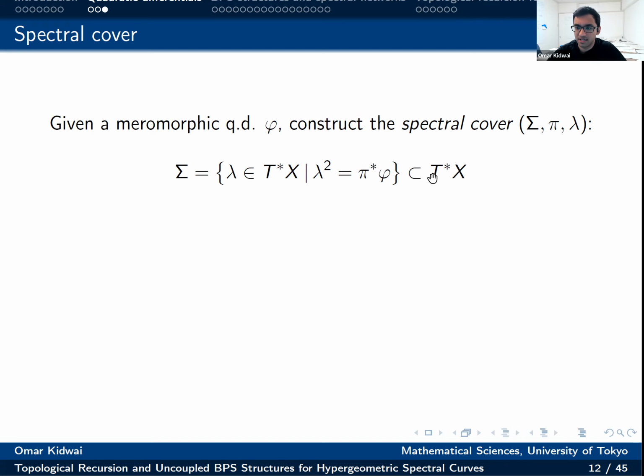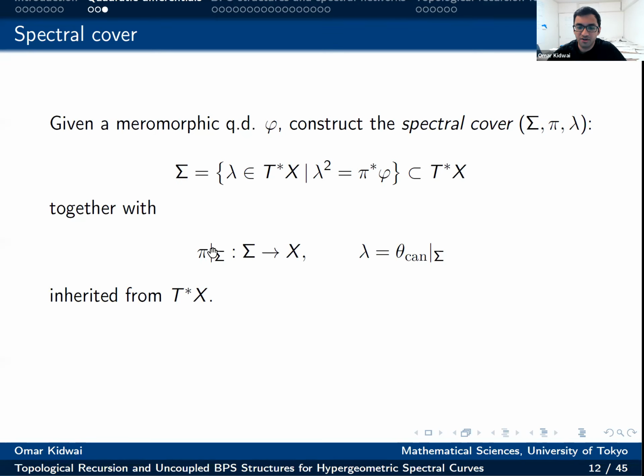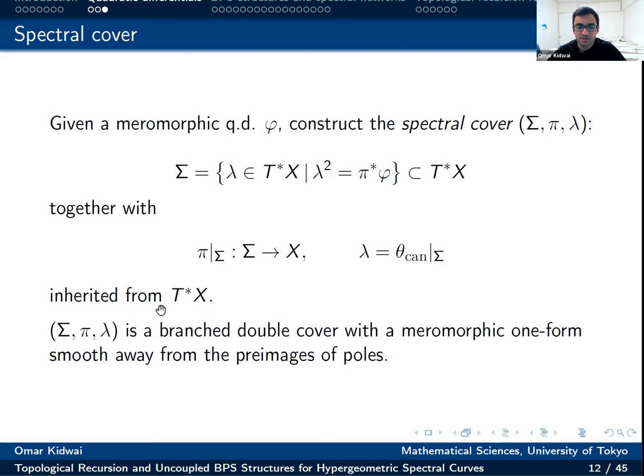I equip it with a projection map, which is inherited from T*X, as well as a meromorphic one form, the restriction of the Liouville one form. Altogether, these 3 things give me a branched double covering of P1, together with a meromorphic one form that is smooth away from the preimages of the poles.